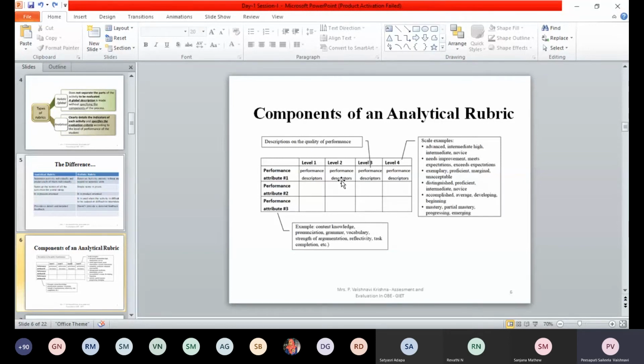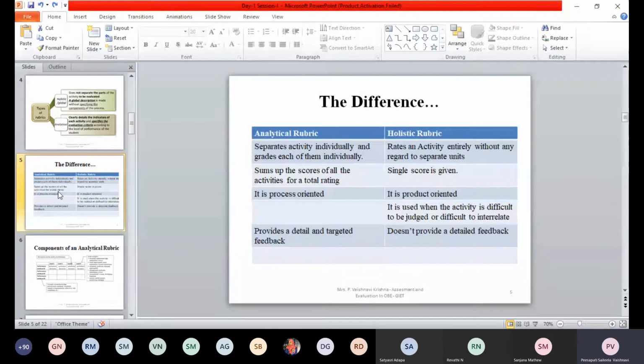You can come up with your ideas, you can add, you can delete, but these are 3 basic important components of an analytical rubric. Sometimes I want to add my overall impression, or sometimes I can add my total marks. So this is how we need to prepare a rubric.